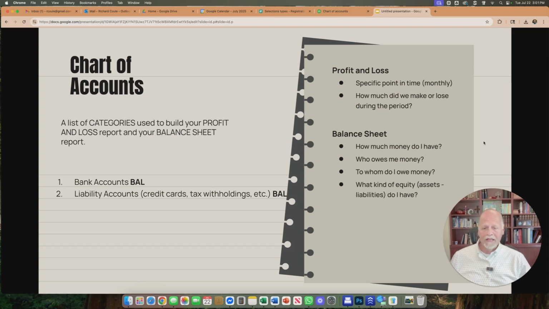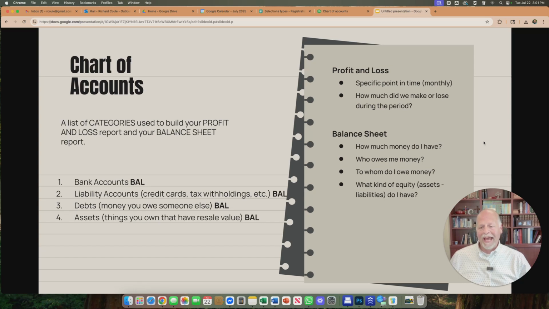So that's credit cards, taxes that you've withheld because they're sales tax or they're employee wage taxes, things of that nature. Those two items, bank accounts and liability accounts, are going to show up on your balance sheet. We also have debts or money you owe to someone else. That goes on your balance sheet.